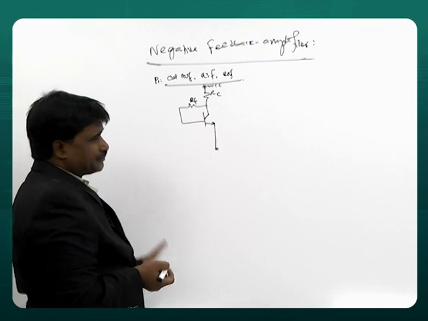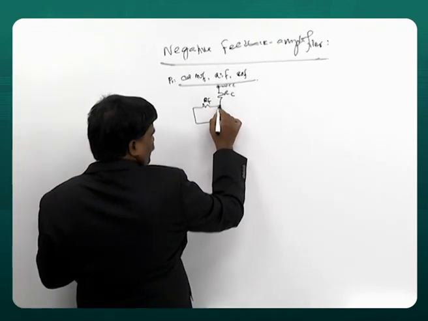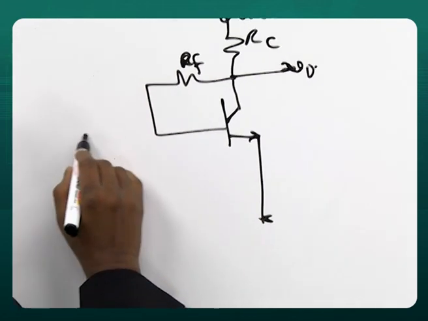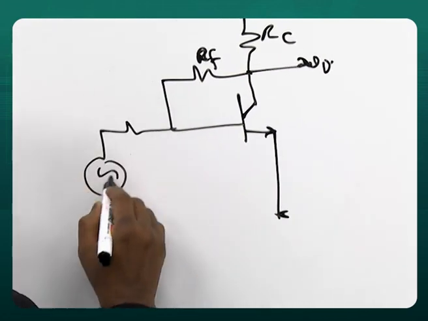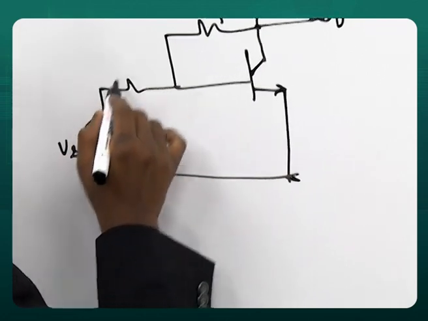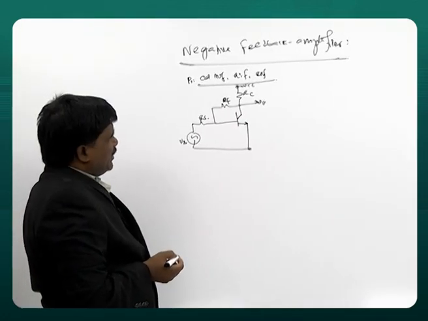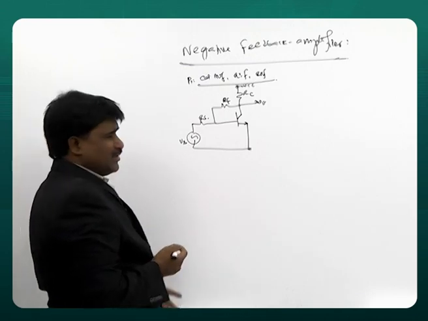This is V naught, Vs. Okay. How do I explain these 5 steps here?